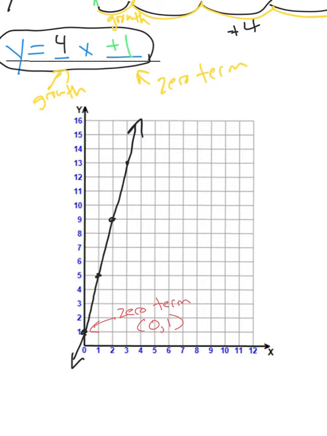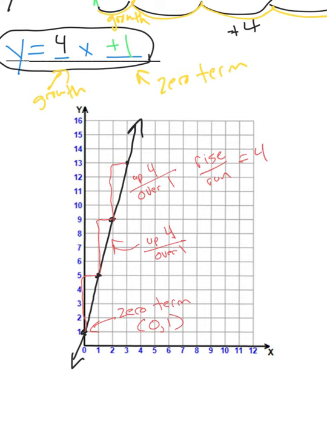And our growth, which is also called the slope, is 4, because we are going up 4 every time we go over 1. Up 4 over 1. And then to find the slope, you just divide rise over run, which is 4.